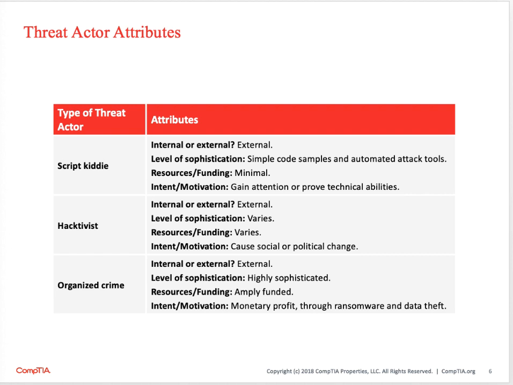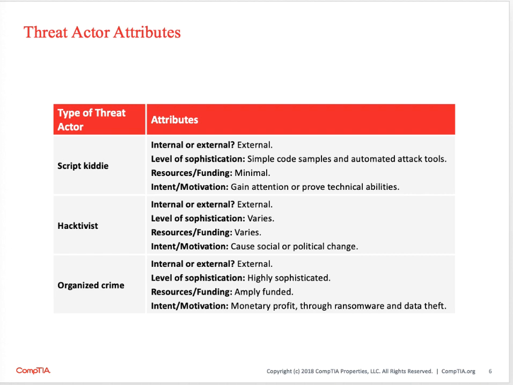Organized crime, that's going to be an external threat. They're going to be highly sophisticated because they are organized, right? They're going to be amply funded, hopefully in their case, in order to do what they want to do. But they might also be amply funded because the people backing them want them to do something in order to get money, right?